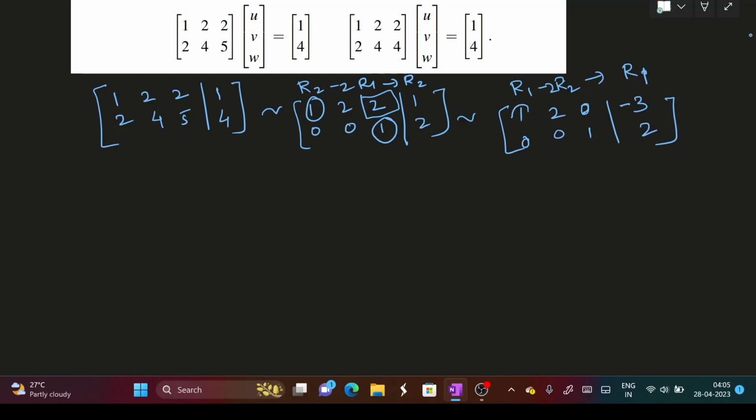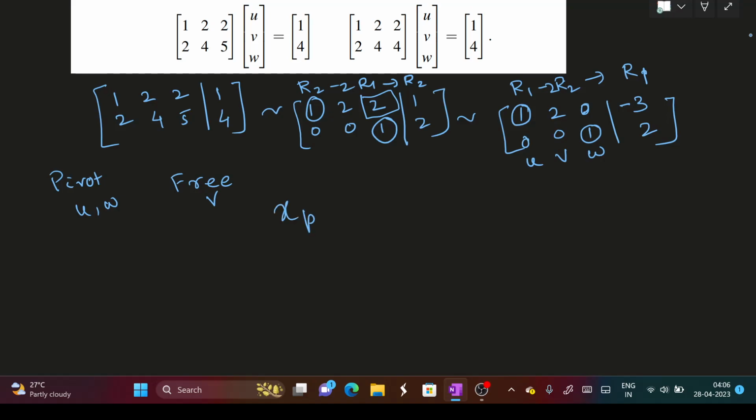So here, this is a pivot variable, this is a pivot variable, and my corresponding variables are named U, V, W. So here, what are free and what are pivot? U and W are pivot, free is only one, that is V. Okay, so how to find out Xp?